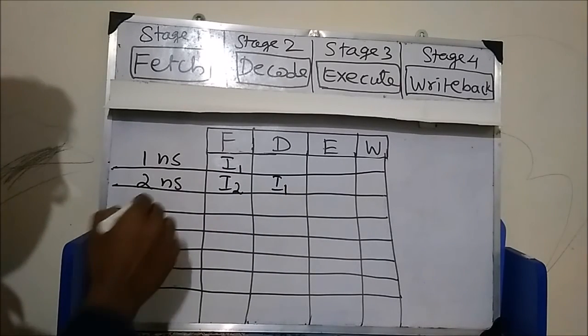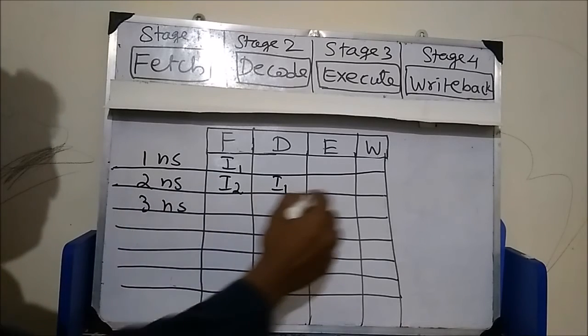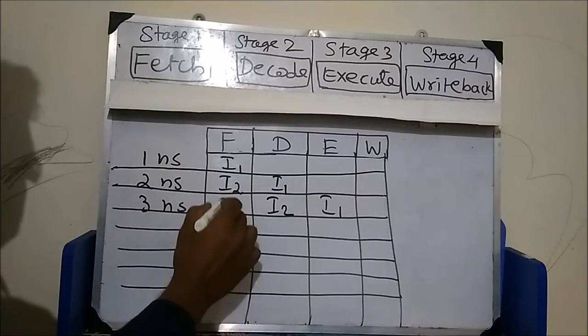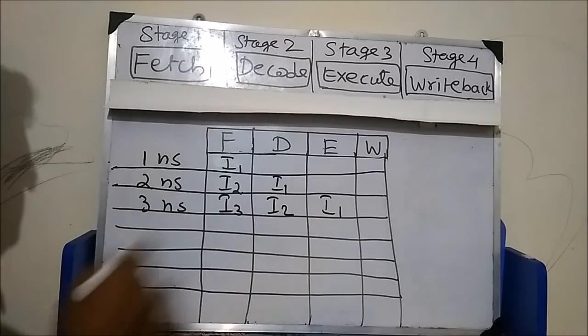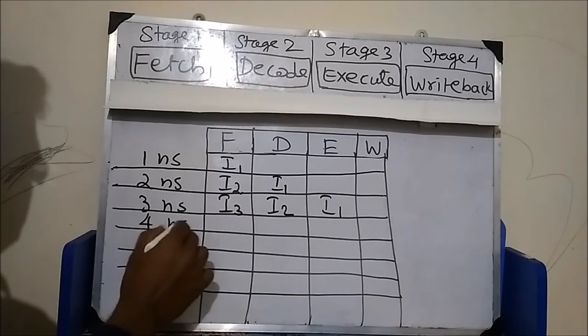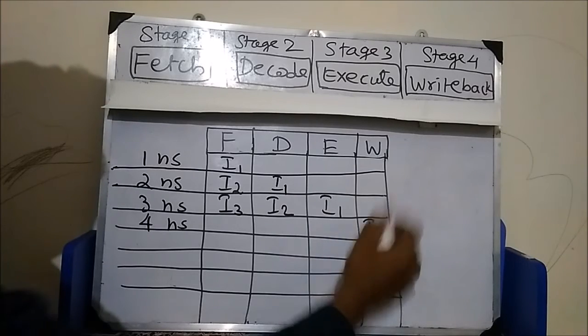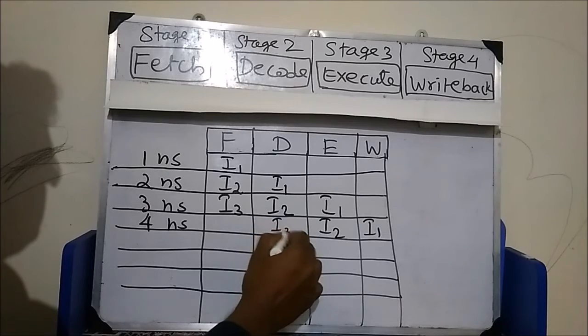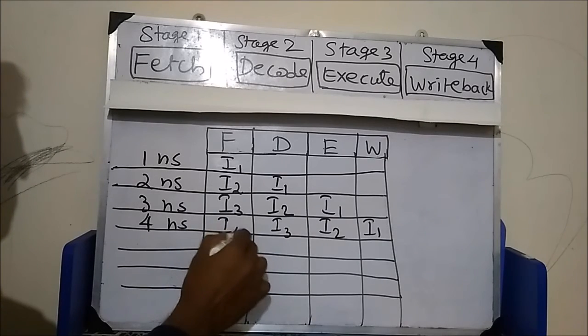At the third nanosecond, I1 goes to execute, I2 comes to decode, and I3 comes to fetch. At the fourth nanosecond, I1 goes to write back, I2 goes to execute, I3 comes to decode, and I4 goes to fetch.